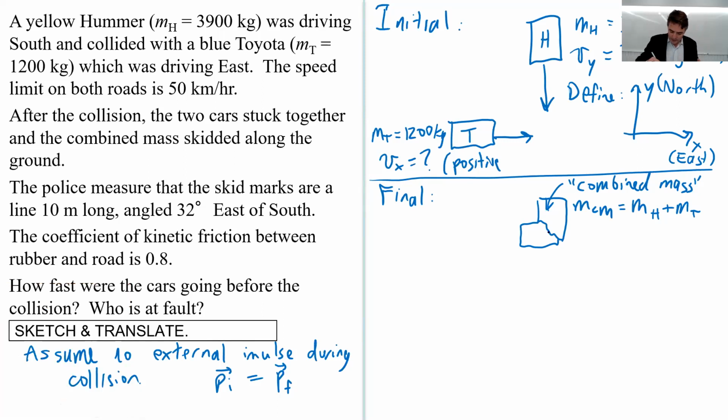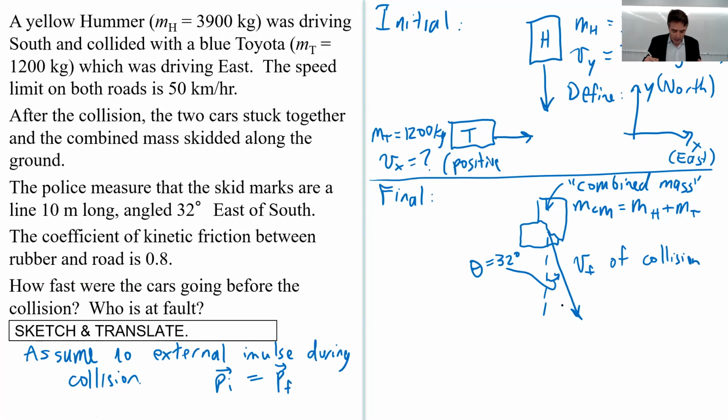Okay, and then this thing is going at some speed, V final of the collision, at this angle theta here. Theta is equal to 32 degrees, and that's measured to the east of south.